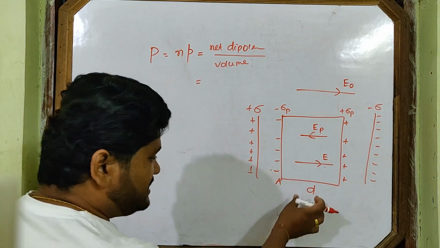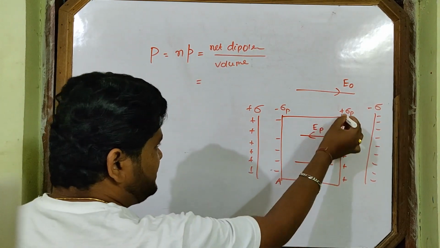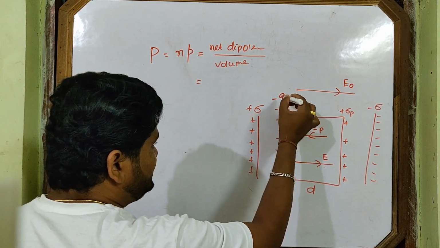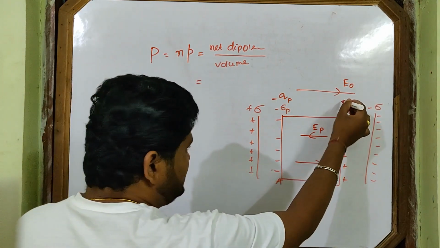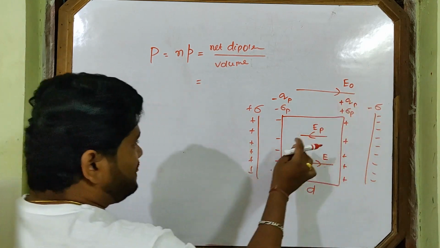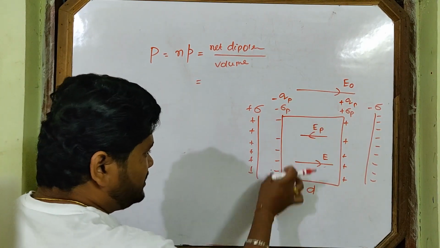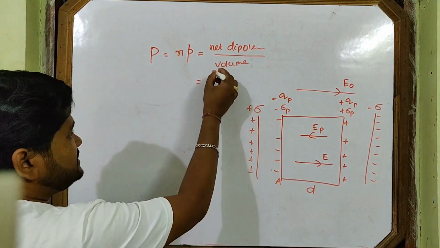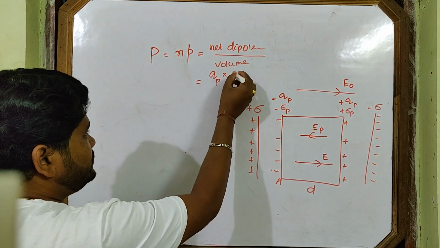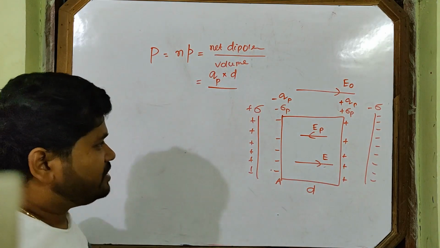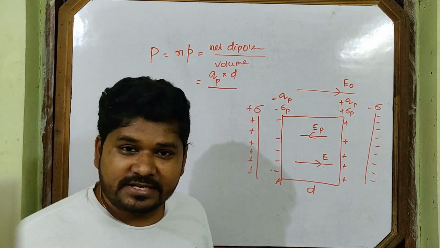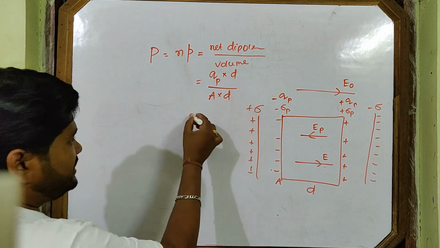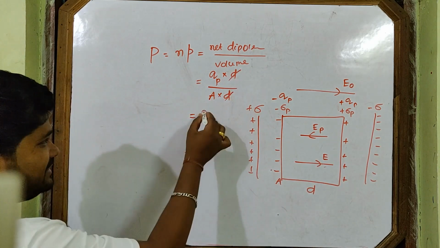What is the net dipole moment? See, this is sigma, the surface charge density. Suppose this charge is minus Qp, total charge minus Qp, and here total charge plus Qp. Now, as if two charges are separated by distance d. So can I write Qp into d? Total dipole moment is Qp into d. Divide by the volume, which is A into d, so d cancels.